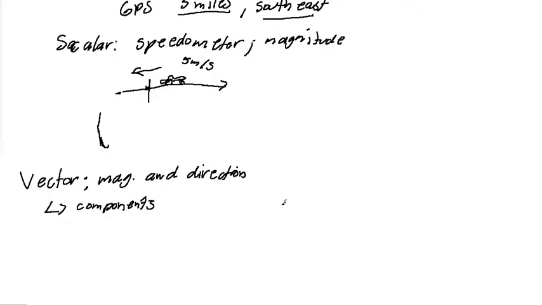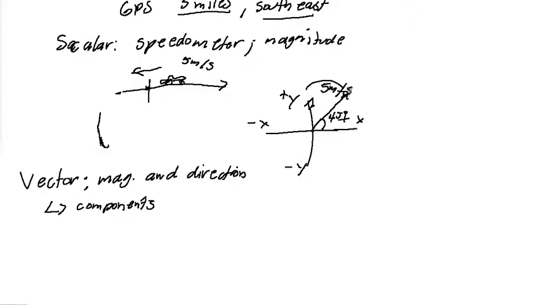For example, if I decide to draw an x and y coordinate system, this would be your positive y, negative y, positive x, negative x, and I decide to say there's a vector here, 5 meters per second, as we were working with the car, at an angle of 45 degrees.